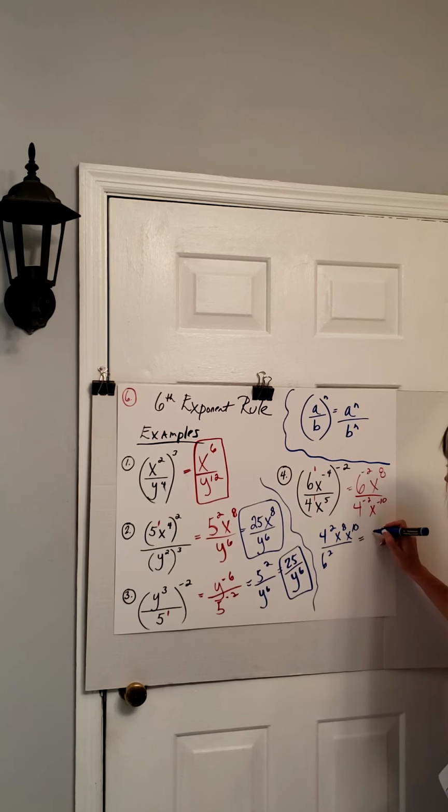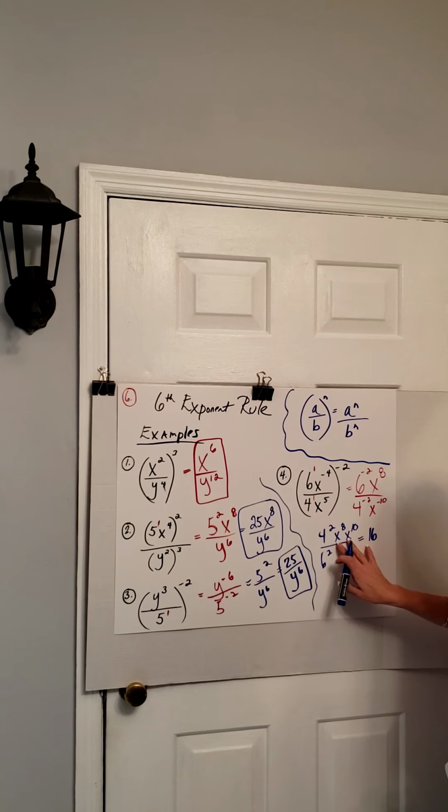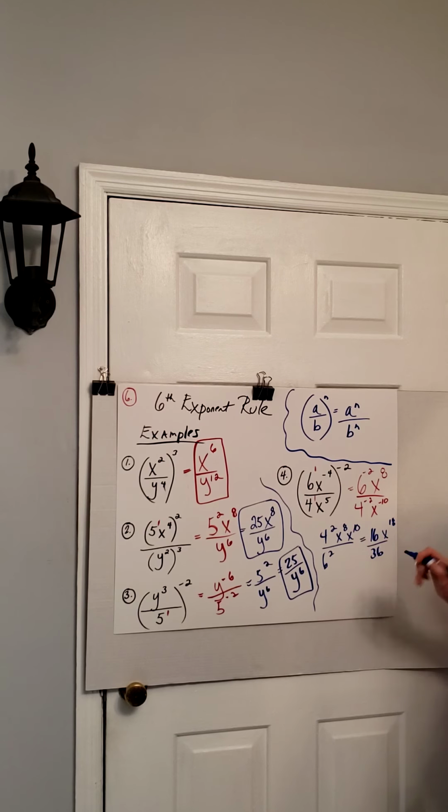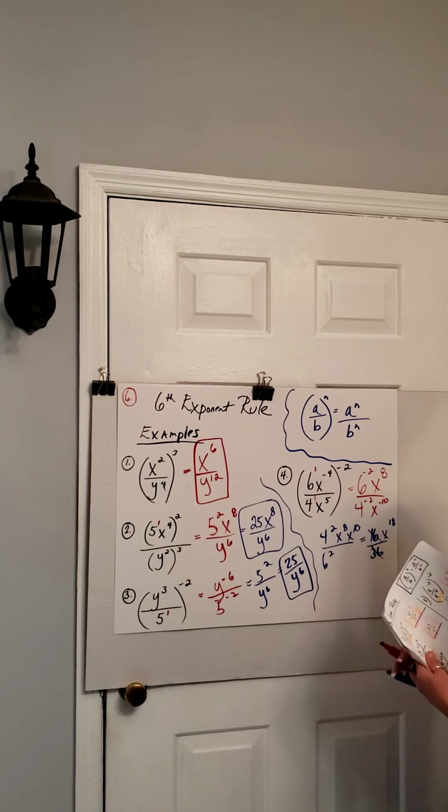All right, so 4 squared is 16. I would add these, x to the 18. And 6 squared would be 36. Okay, I can divide both of these by 4. You know why? What do I say about your fractions? You always reduce your fractions, always. So I'm going to divide this by 4. I'm going to divide this by 4. So here's my final answer.